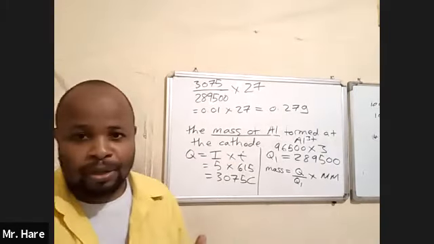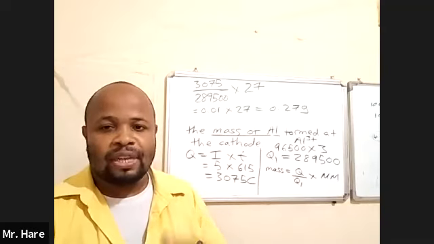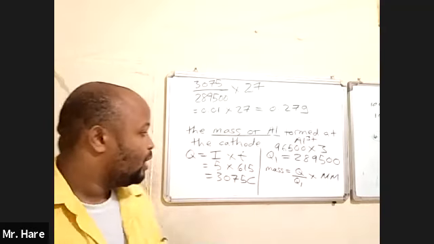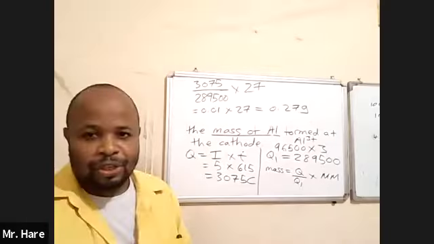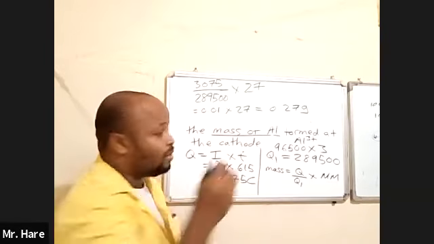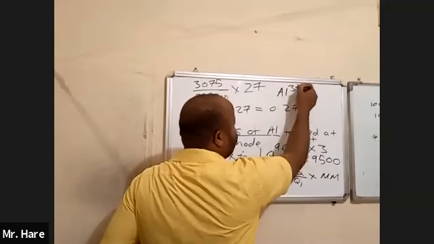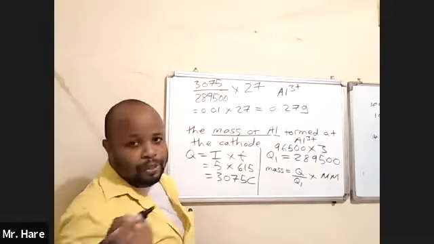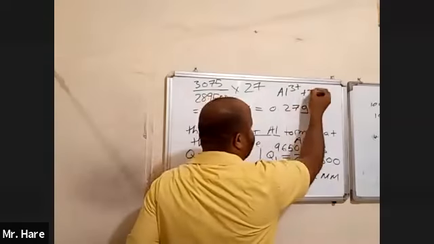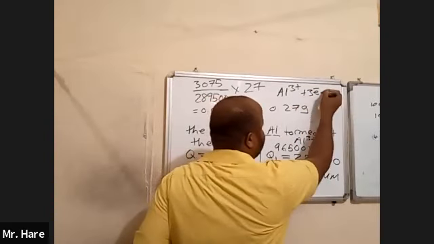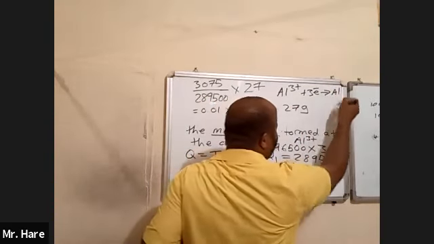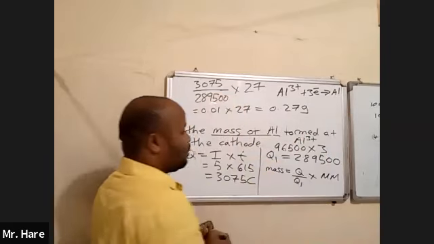The question was asking about the mass of aluminum. So if we're doing the electrolysis, at the cathode, aluminum ion will be at the cathode, which is Al3+, and it will have to gain 3 electrons to form 1 mole of aluminum.